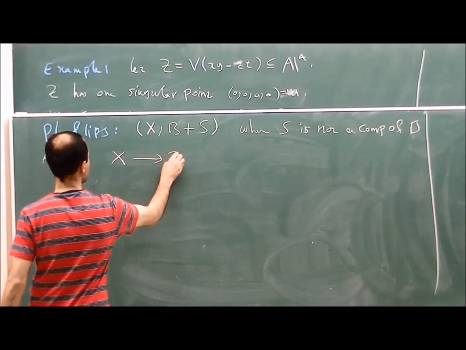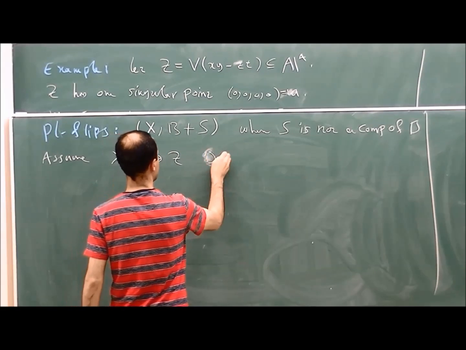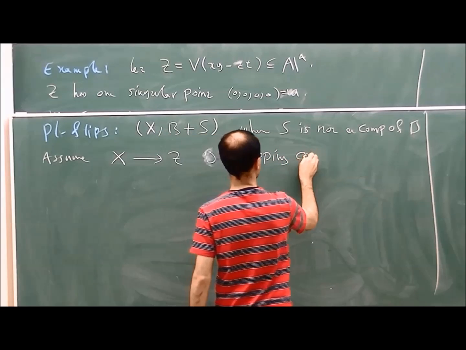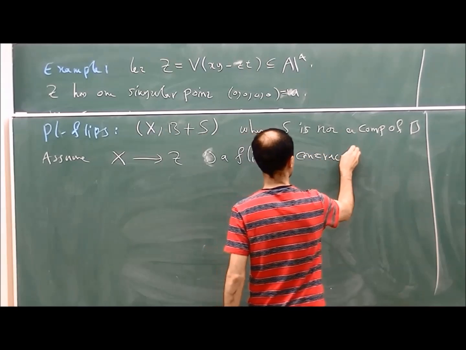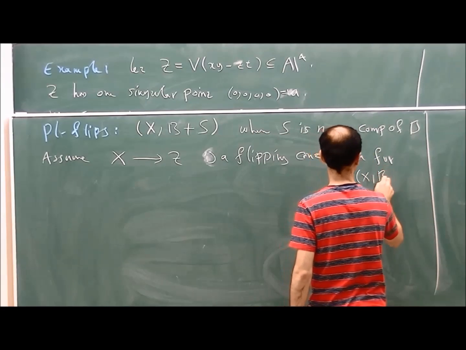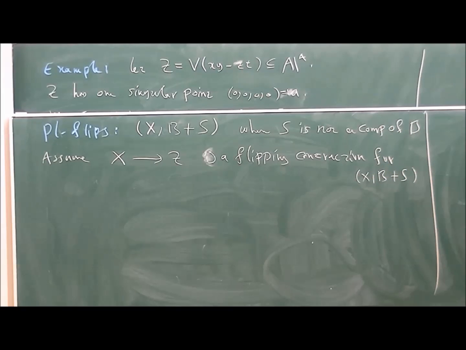So we start with a pair like this, and then assume that now X to Z is a flipping contraction for this pair X, B plus S. So in other words, let's say, for example, you have a threefold birational contraction, you contract maybe just one curve, and then K plus B plus S is negative on this curve.